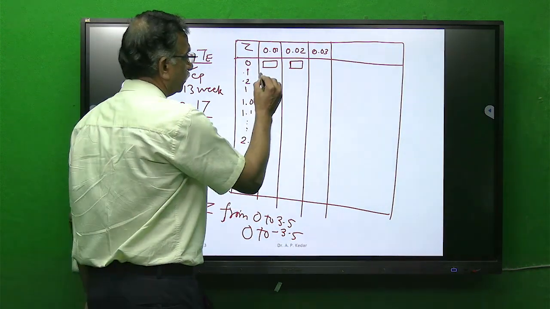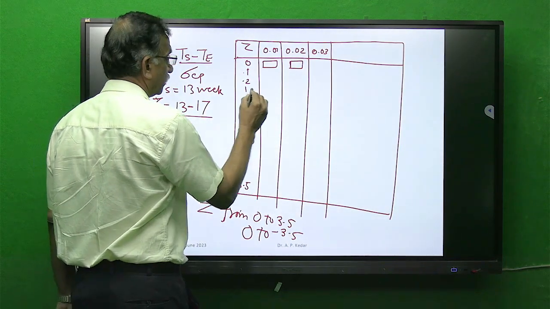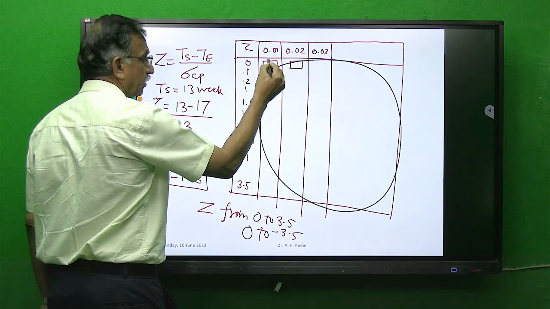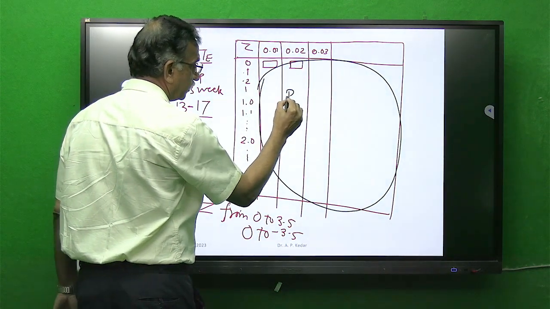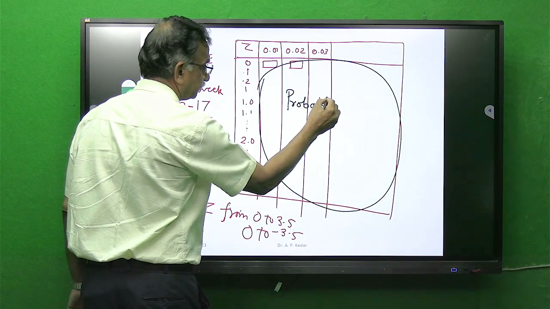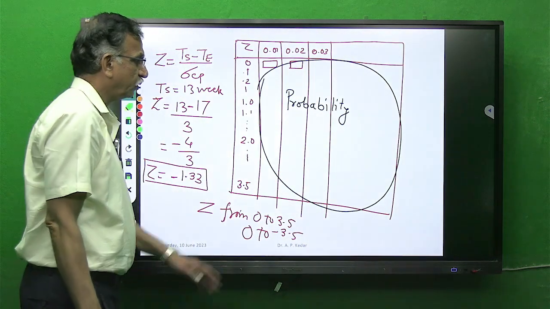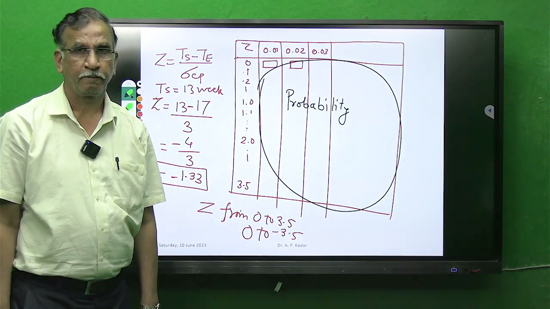Now here, whatever values are given in the table will be the value of probability.